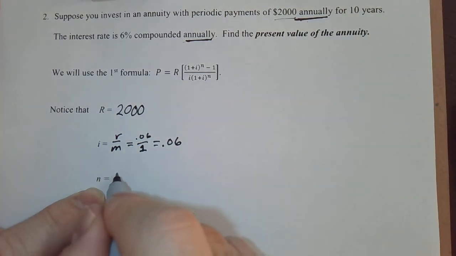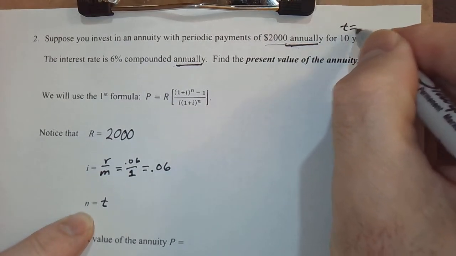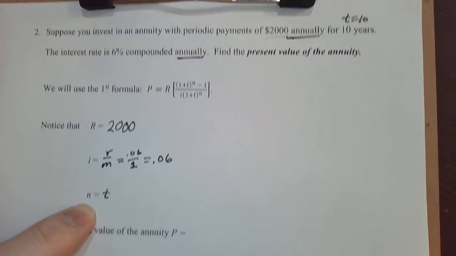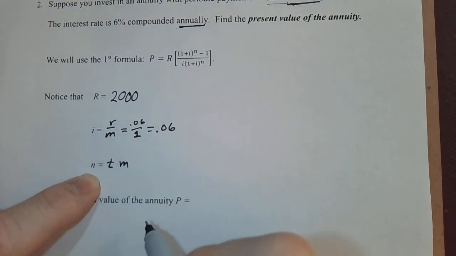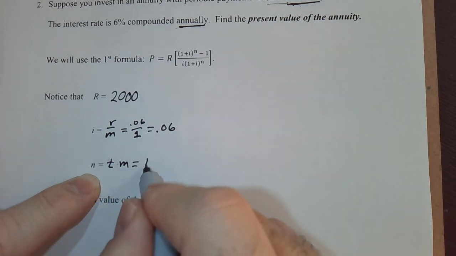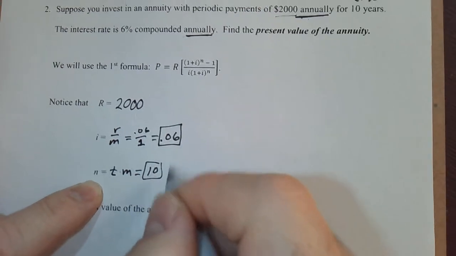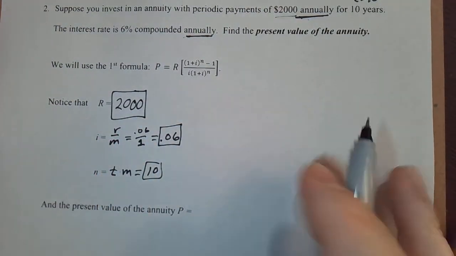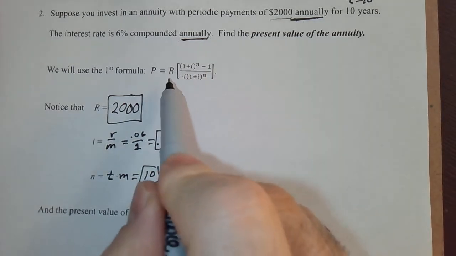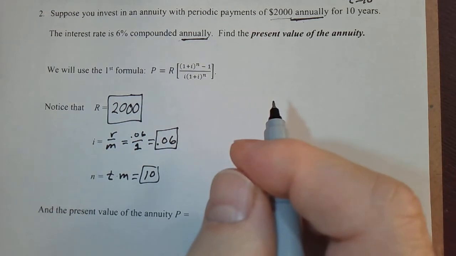Normally it's T times M, where T is the number of years, but M is just 1, and T is 10, so the number of payments is 10. The periodic interest rate is 0.06. The periodic payments are 2,000. That's all we need to figure out what P is. We have all of the variables necessary on the right-hand side.